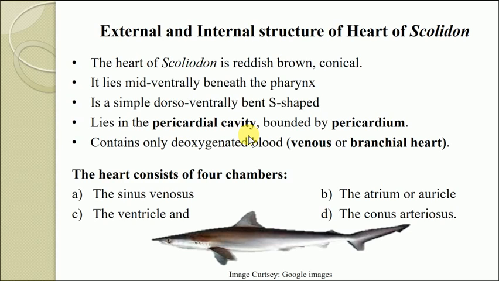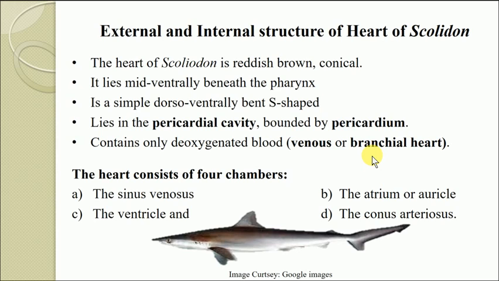Now the heart of scoliodon contains only deoxygenated blood. Hence, it is also called the venous heart or the branchial heart, because this heart receives the deoxygenated, or one can say used, blood from the various body parts and pumps that deoxygenated blood into the gills for its oxygenation.